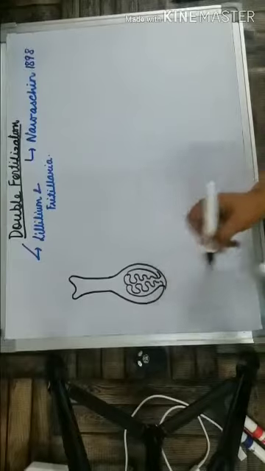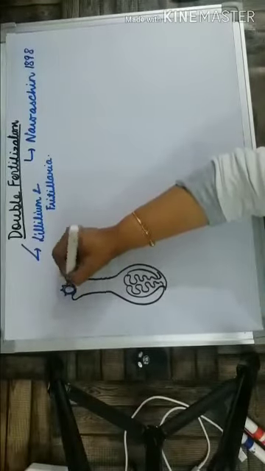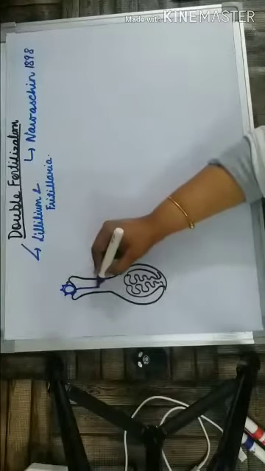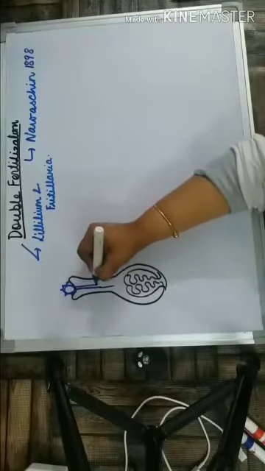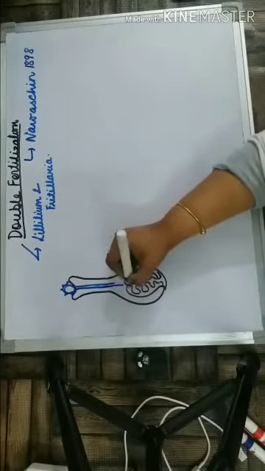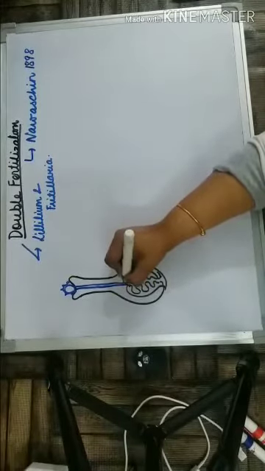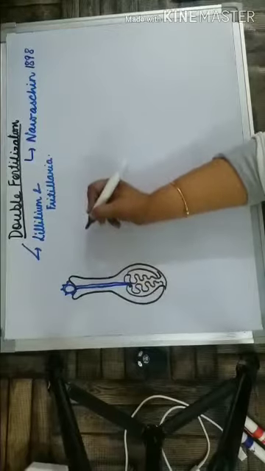Is that very clear? Now what happens is this: the pollen grain comes out from a germ pore. The pollen tube enters by undergoing the pollen-pistil interaction, and suppose here we have a micropyle. The pollen tube will enter through here.